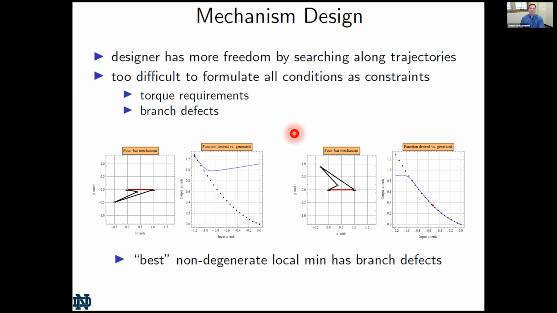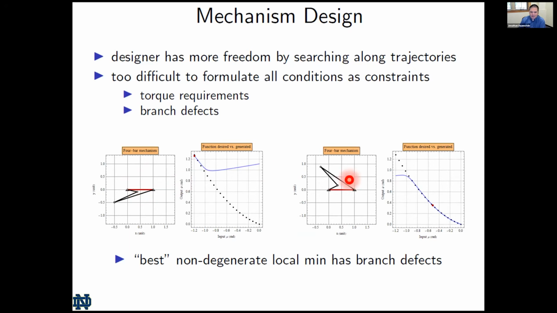And so this is really helpful for a designer because now they have more freedom to be able to make changes, search along trajectories. And then from a mathematical perspective, it's really hard to formulate their criteria. If you're going to do some mechanical engineering, you have to worry about torque and bending and how this all impacts the linkage. From a mathematical perspective, we're ignoring that. And then the other thing is you have branch defects. So you want to be able to go through these points in an order along a same curve.